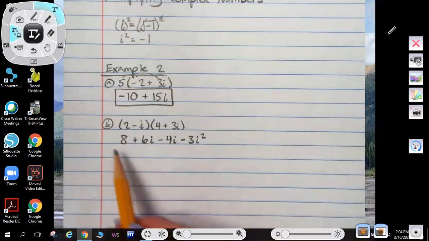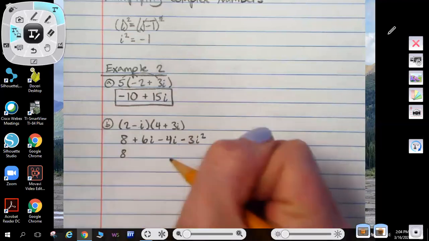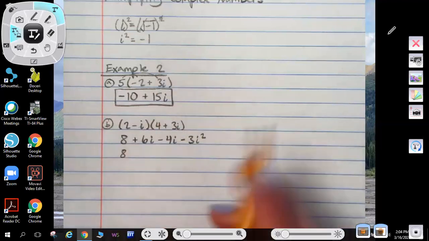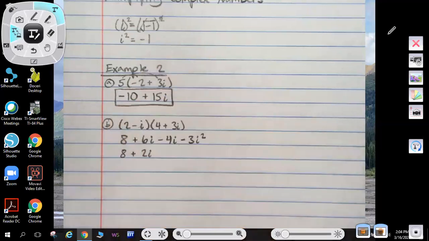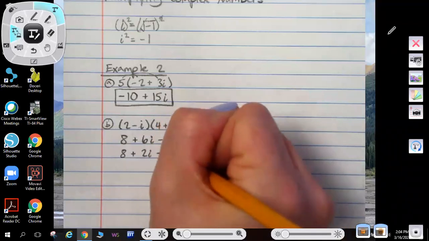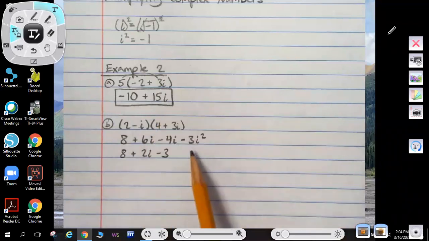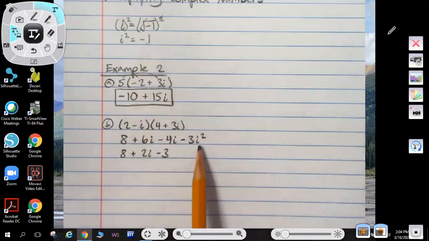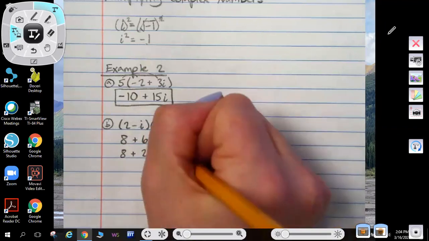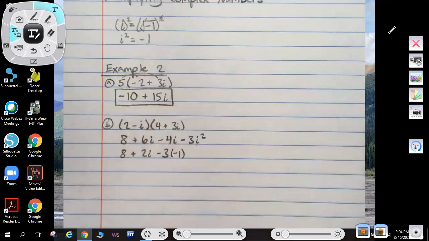Okay, let's combine like terms. The 6i minus 4i, we can combine that to get 2i. Then we have minus 3i squared, but we know i squared is equal to negative 1. So let's replace i squared here with negative 1.